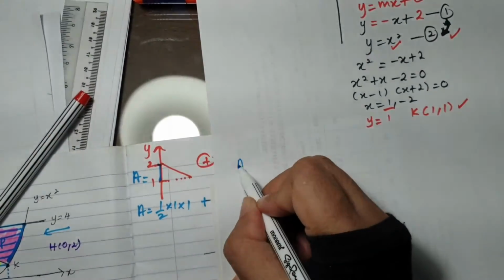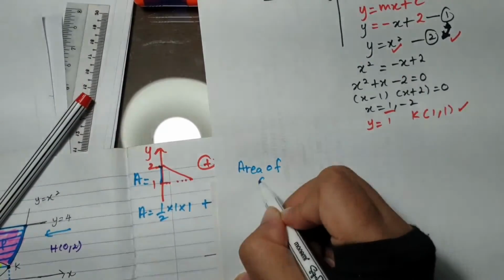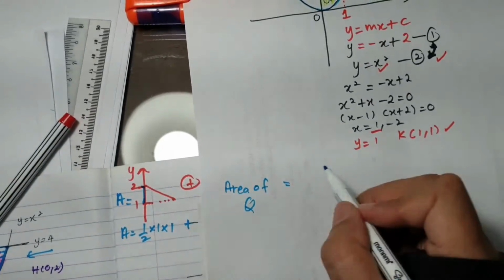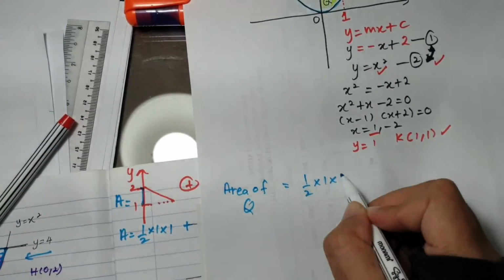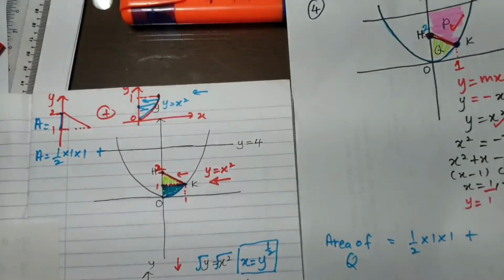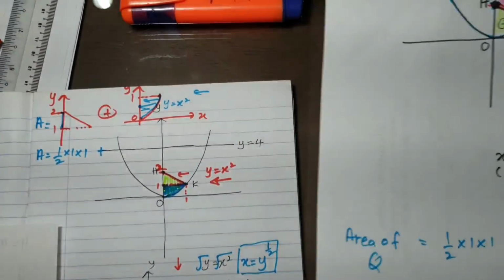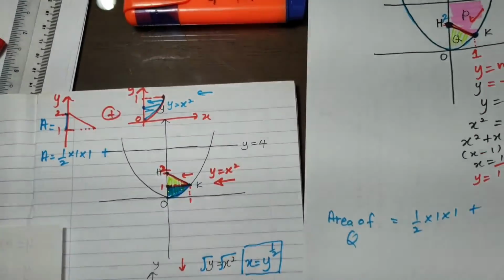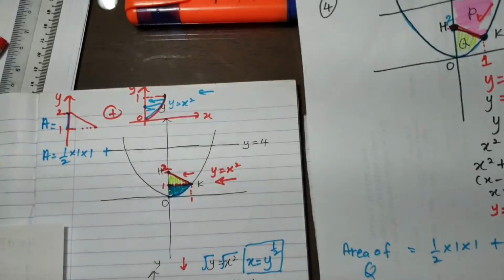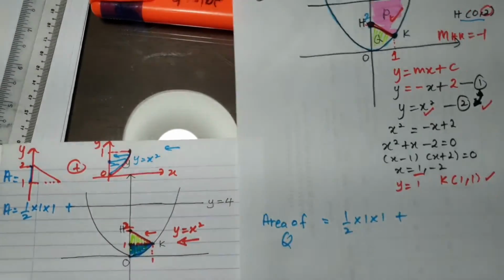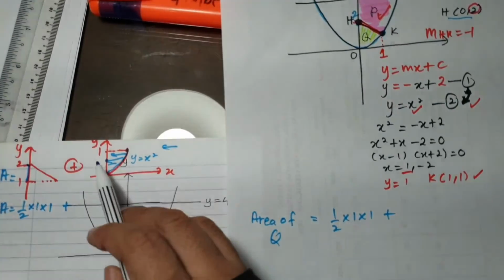Okay, area of Q is given by, first, this triangle plus dengan area of this region.